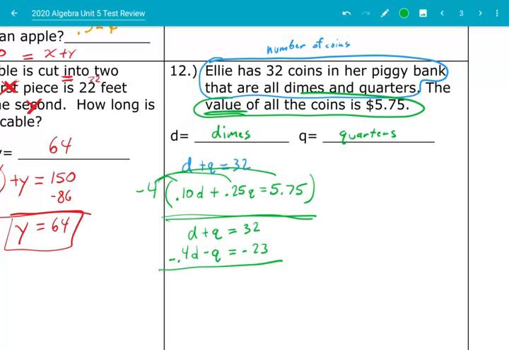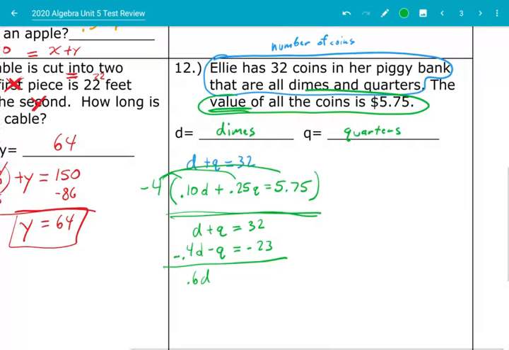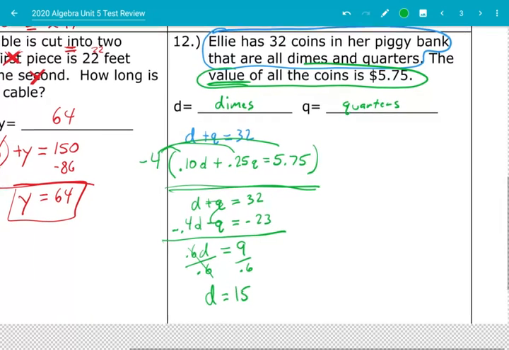D minus 0.4D is 0.6D. And then this zeroes out, so that equals 32 minus 23. That is, what is that, 9? So let's divide by 0.6, divide by 0.6. D equals 9 divided by 0.6 is 15. So there are 15 dimes.